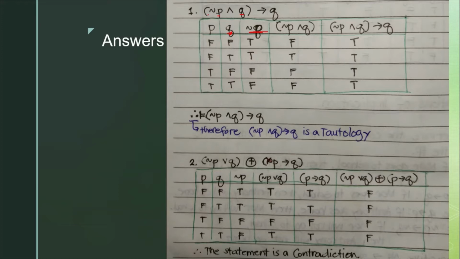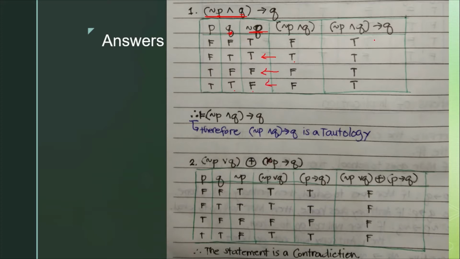Then the statements in the parentheses are conjunctions: true and false is false, true and true is true, false and false is false, false and true is false. Then the whole statement: if false, then true is true. If true, then true is true. If false, then true is true. If false, then false is true.